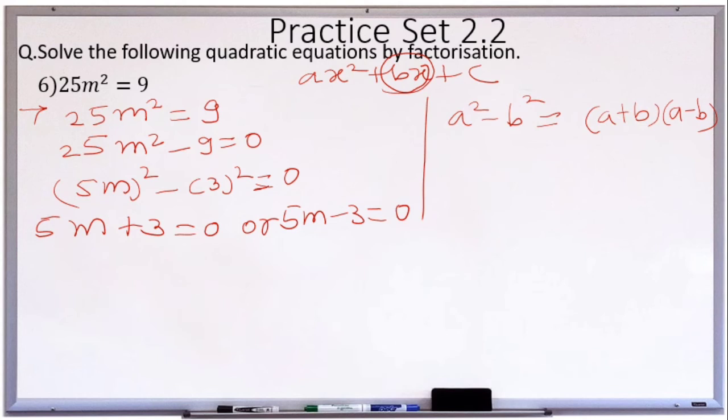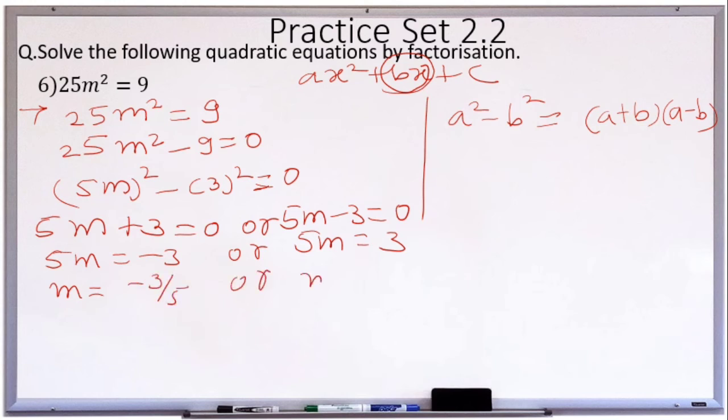Now finding the value of m. So 5m is equal to minus 3, or 5m is equal to plus 3, and hence m is equal to minus 3 upon 5, or m is equal to 3 upon 5. So the roots of the given quadratic equations are minus 3 upon 5 and 3 upon 5.